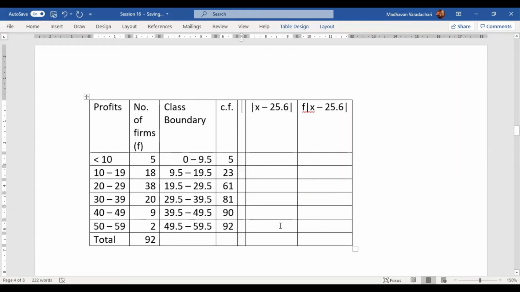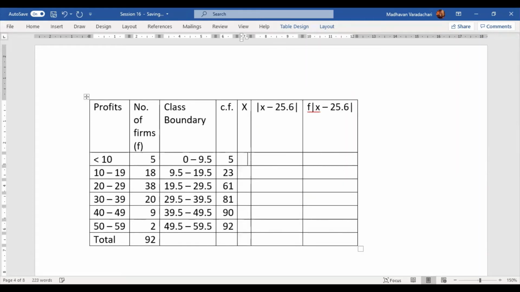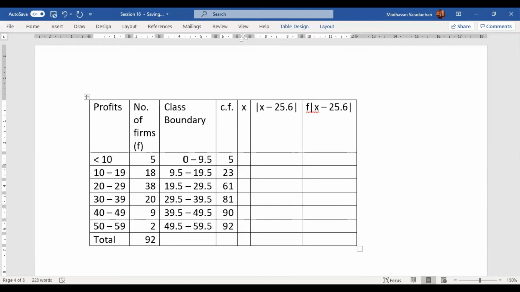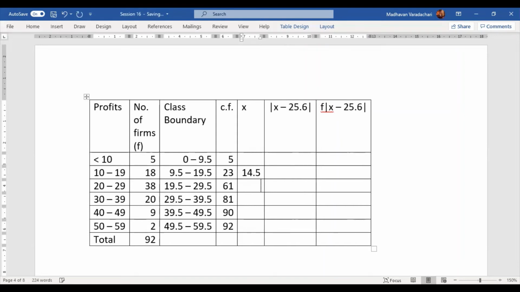Here I may write our x. x is, I can consider the middle value. So here 9.5 to 19.5, I will consider the middle value. 9.5 plus 19.5 divided by 2, it is 14.5. The next one will be 24.5.